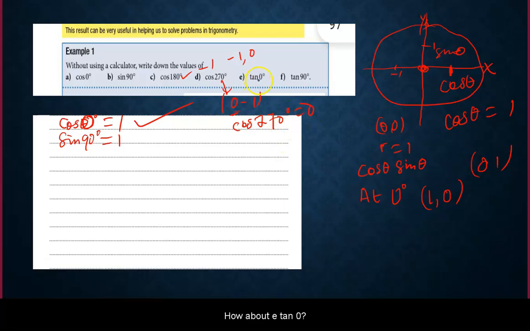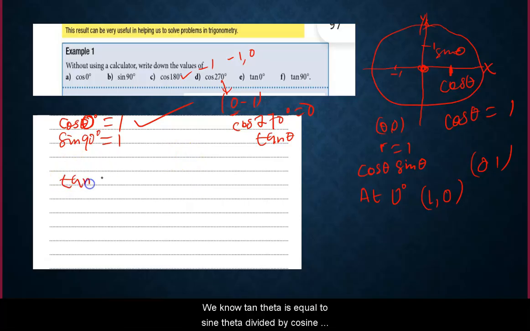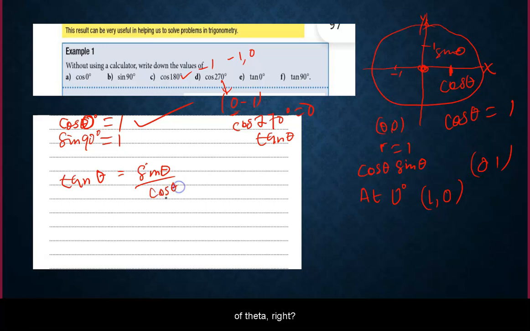How about E, tan 0? Now we are going to use the identity we know. Tan theta is equal to sine theta divided by cosine of theta, right? So tan theta is what? Sine theta divided by cosine of theta.